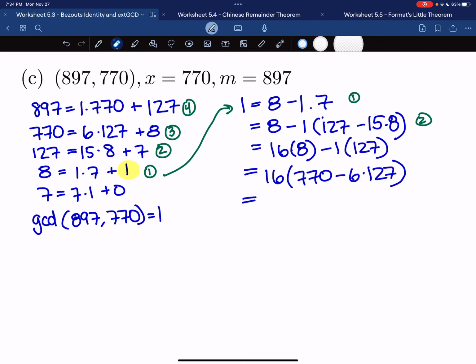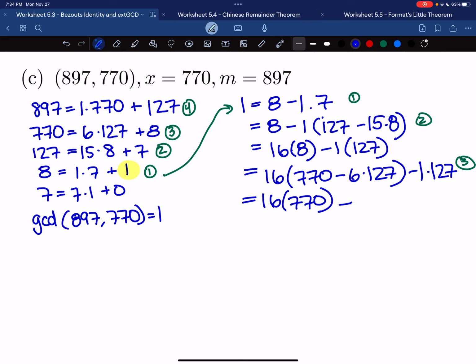It is from 3, that part, but we need to keep the bit from above, minus 1 times 127. Okay, this part is still from 3. And I can expand it out. So that's 16 times 770 minus, and so we have minus 1, but then we've also got the 16 times minus 6, so minus 96, minus 97 times 127.